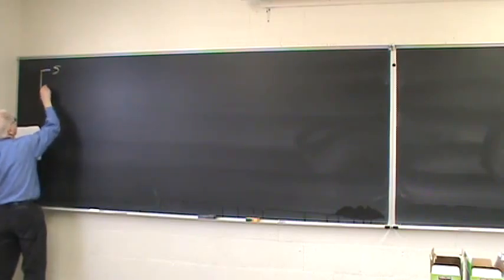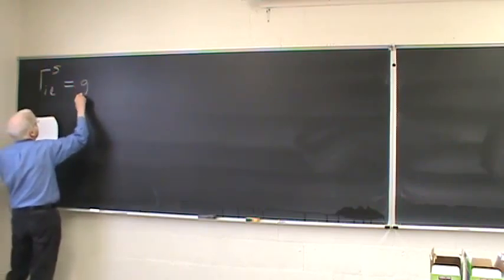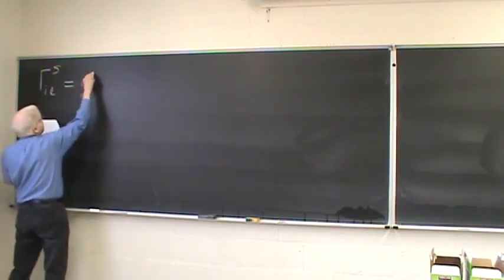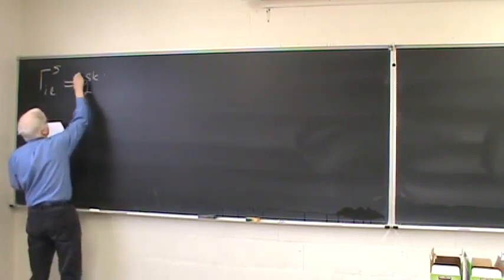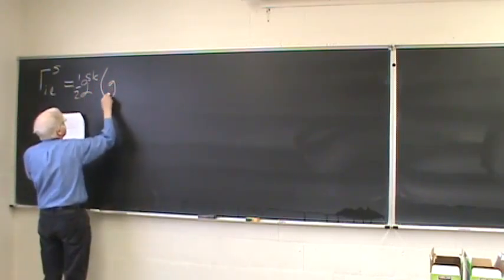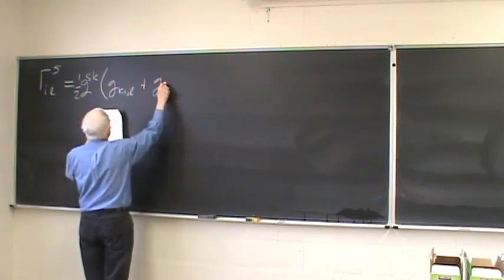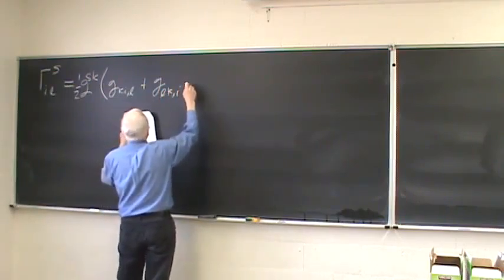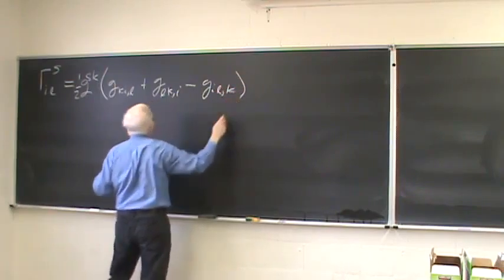All right, well, last time we derived a formula for the connection gamma^i_{kl} as g^{is} times 1/2 times (g_{sk,l} + g_{ls,k} - g_{kl,s}).